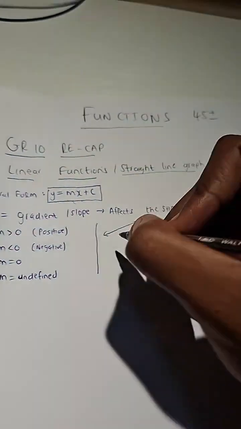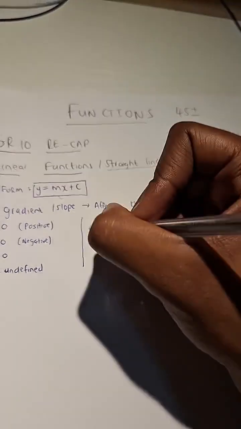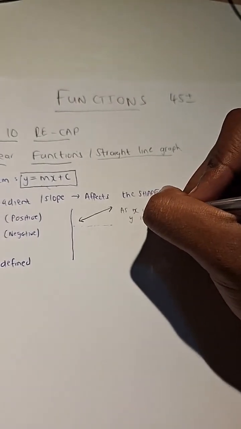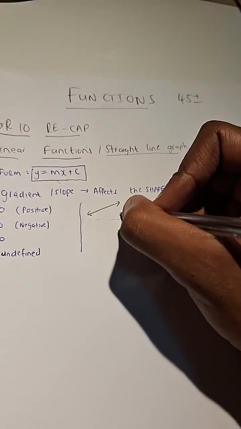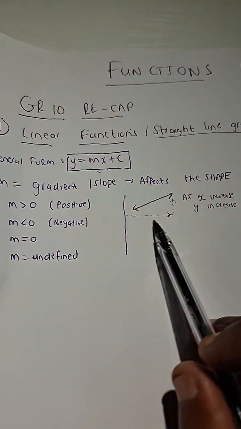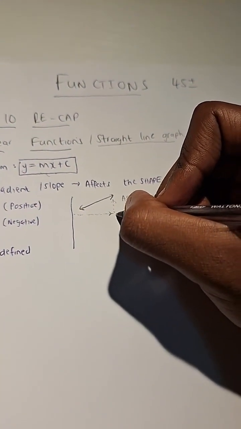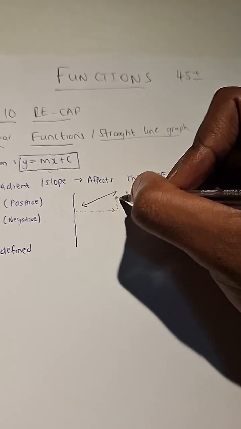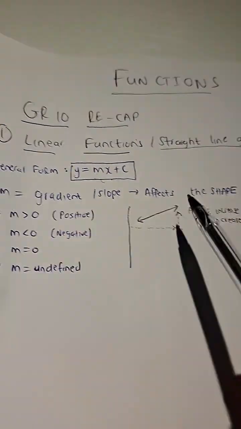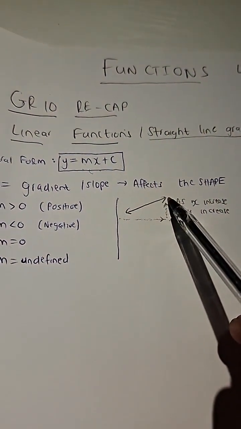In other words, as x increases, that is from left to right, y also increases from bottom to the top. This is very, very important. That's why we say that when the gradient of the straight line is positive, we experience what we refer to as an increasing function.